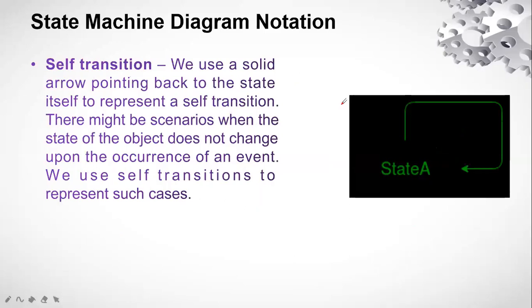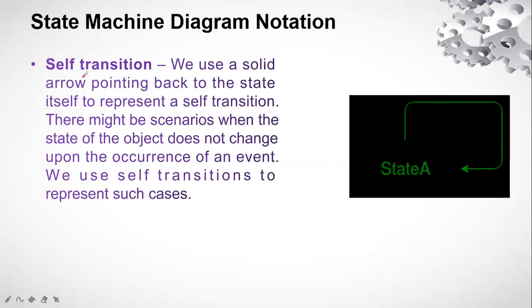Next one is self transition. When a transition is done from one state to another state, that is different. But when a transition is done from a state to the state itself, if state A is there and there is a transition from state A to itself, that is called a self transition. It is similar to the self message we did in the activity diagram, right?